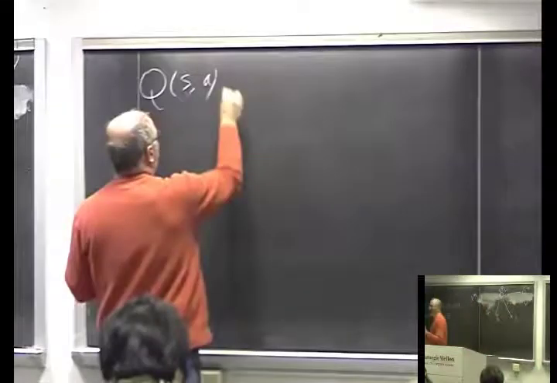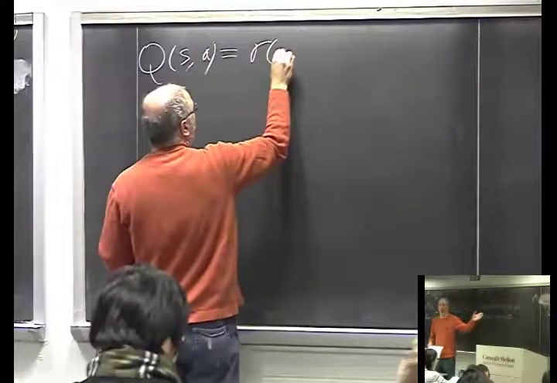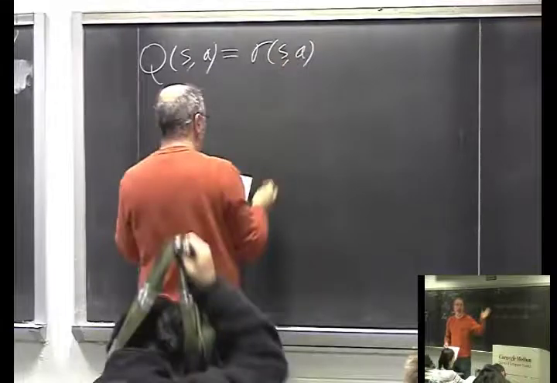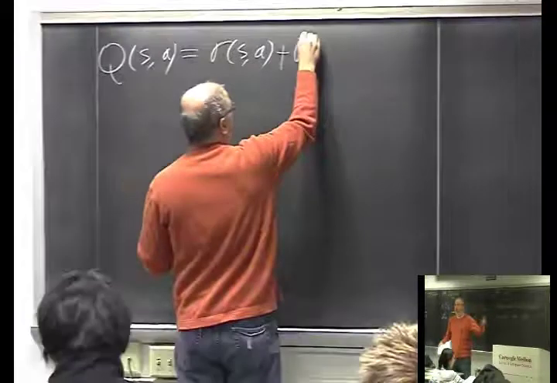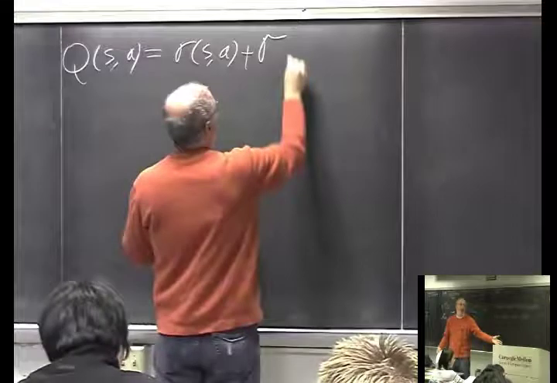Okay, so all I did here was define what Q was mathematically and showed you that if you knew Q, that gives you the rule for how to behave. What's the optimal decision?